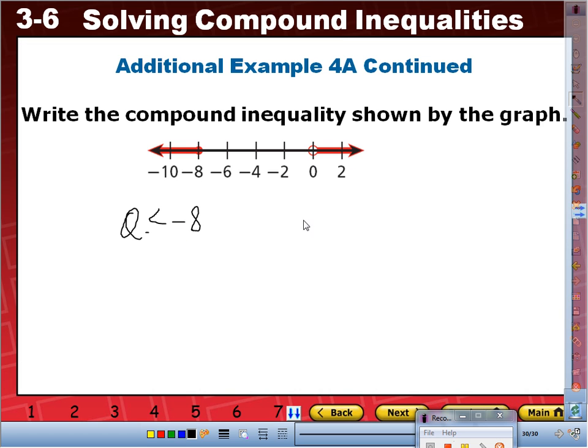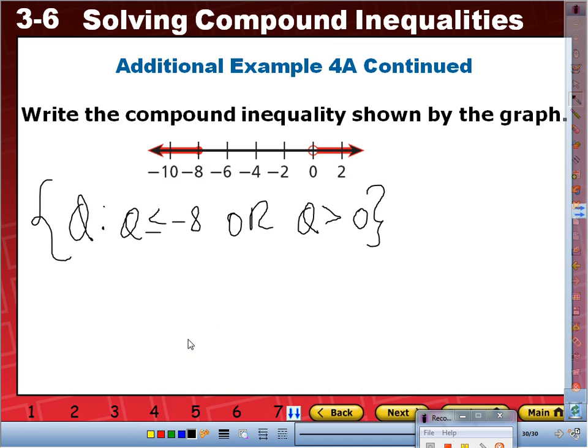Now I'm going to focus on this one. Q and 0. What are these numbers compared to 0? Greater than. Does it include the point? No. However, are these two graphs intersecting? No, this is known as an OR. In the solution set, all you have to do is write solution set of Q and that.